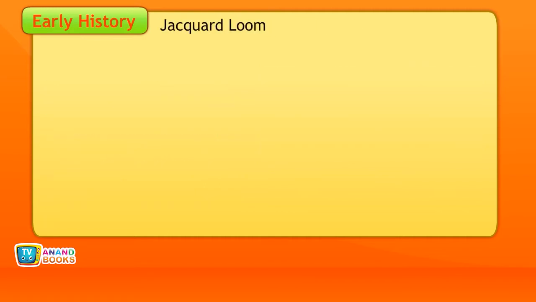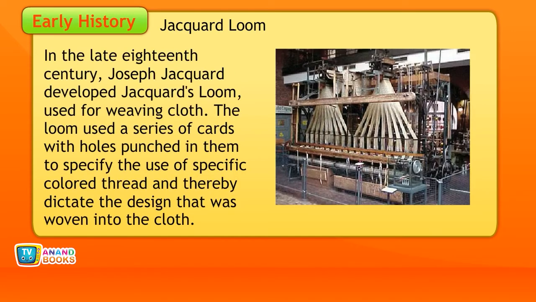Jacquard loom. In the late 18th century, Joseph Jacquard developed Jacquard's loom, used for weaving cloth. The loom used a series of cards with holes punched in them to specify the use of specific colored thread and thereby dictate the design that is woven into the cloth.